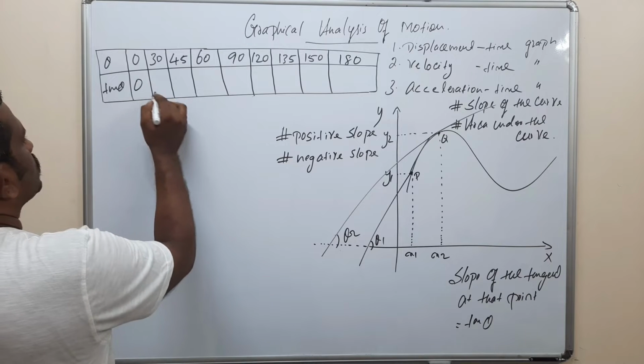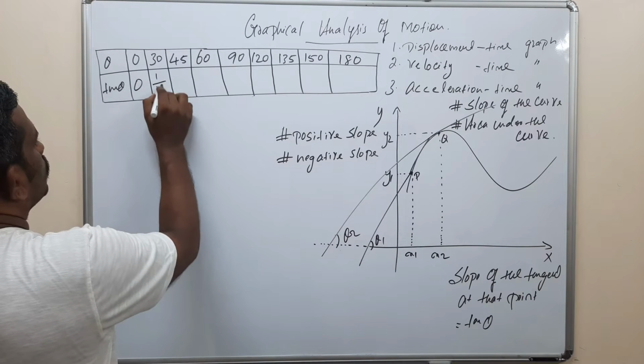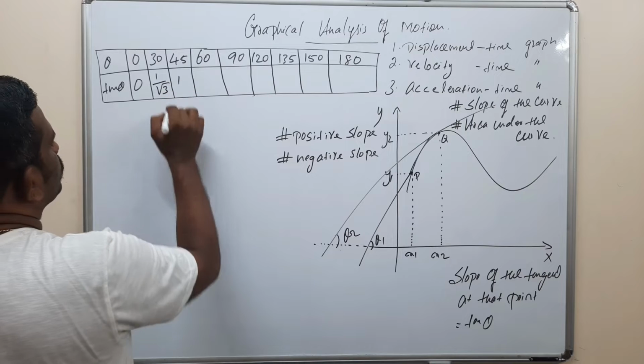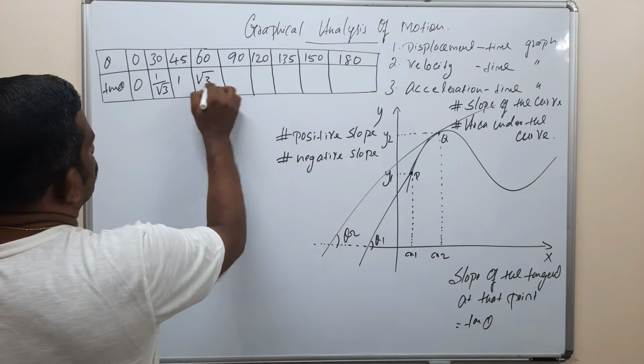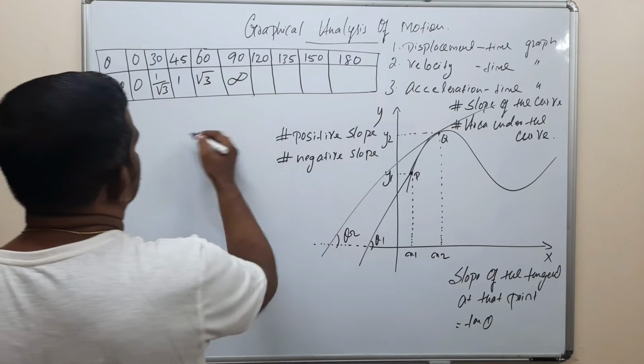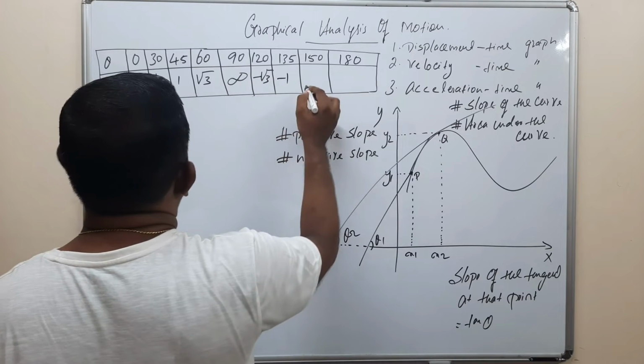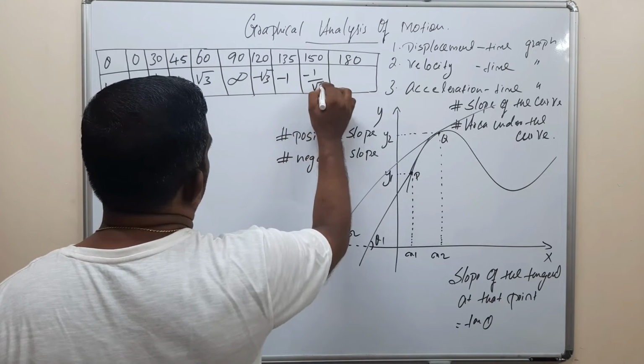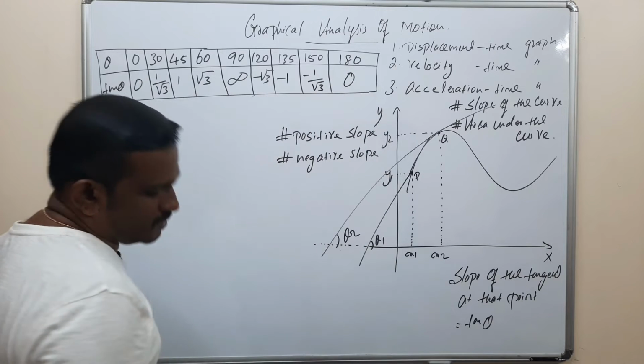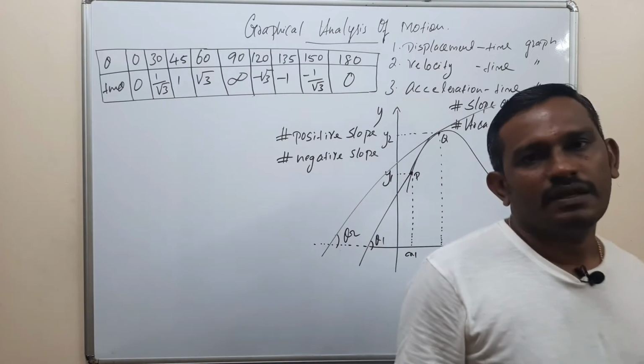Tan 0 is 0, tan 30 is 1 by root 3, tan 45 is 1, tan 60 is root 3, tan 90 is infinity, tan 120 is minus root 3, tan 135 is minus 1, tan 150 is minus 1 by root 3, tan 180 is 0. Okay.